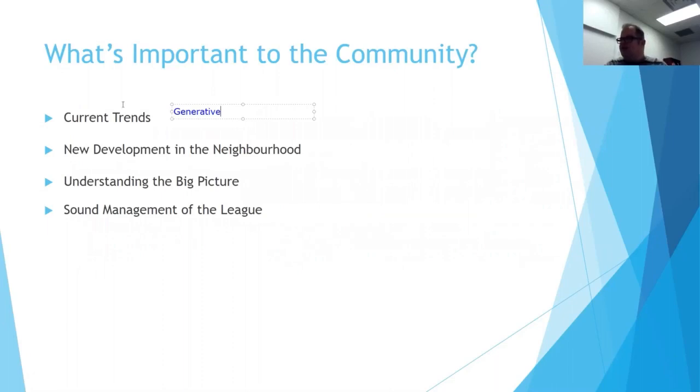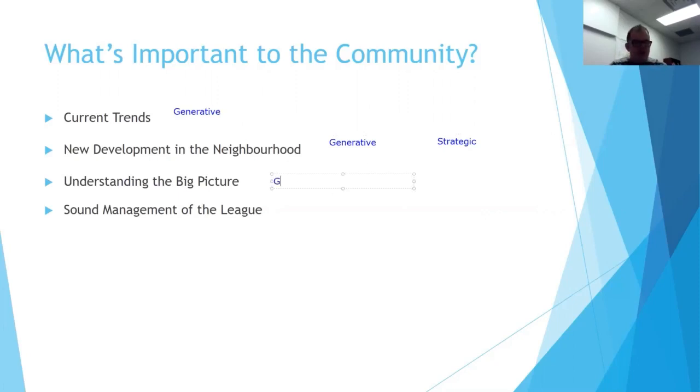New developments in the neighborhood, some of that could be that generative that I talked about already as well. Or it could also be more of a strategic nature. So when you're talking about new development in the neighborhood, you may be looking at how this is going to impact the work we're already doing, or how it can move forward the mission and vision that we've established.